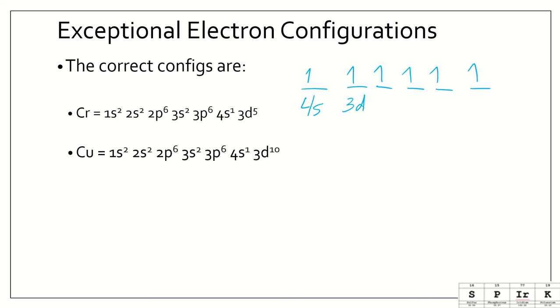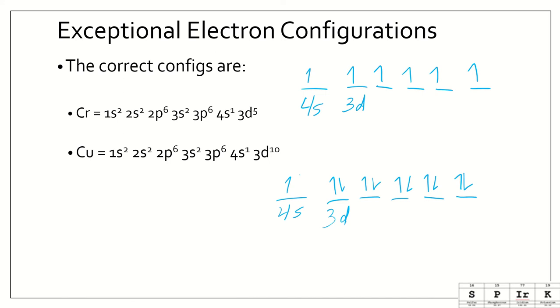Half-filled orbitals are much happier than empty orbitals. Same thing happens with copper, because you have 3d9. As we fill these, 4, 5, 6, 7, 8, 9, we take the electron that would go to the 4s and we add it here.